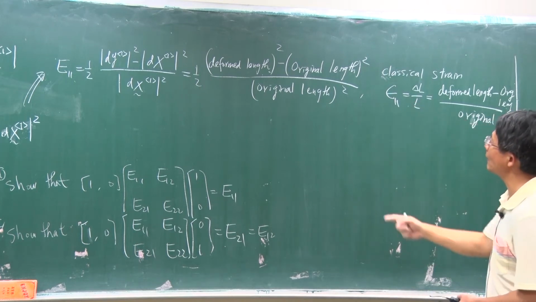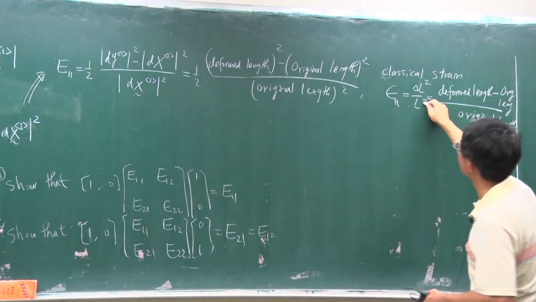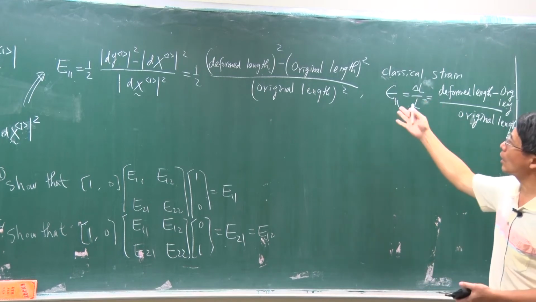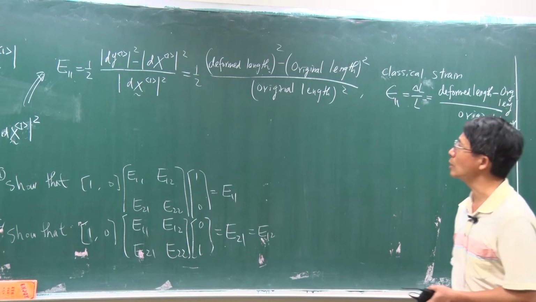Okay, so we have a square here. We don't have a square here. Obviously they are different, but I will show you that in small deformation they agree.